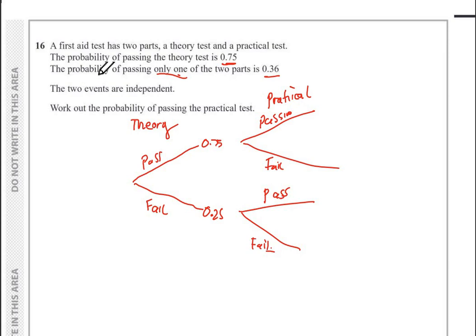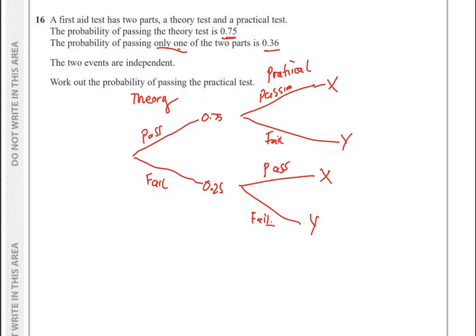Now notice that we're not given the probabilities of passing the practical test. Since we're not given the probabilities, we have an unknown. And so what do we do if we have an unknown? We mark it with either X or Y or some other letter.